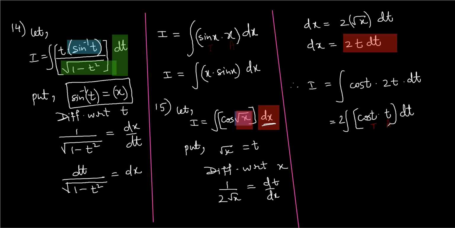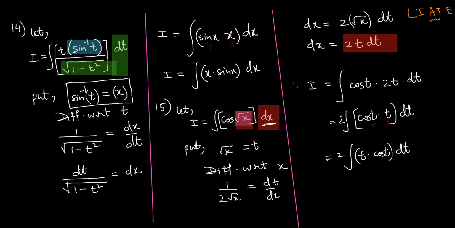So this is not the proper order. As you saw earlier also, we will follow LIATE. According to LIATE, it is A then T, algebraic then trigonometry. So I will change this order: 2 times t multiplied by cos t dt.